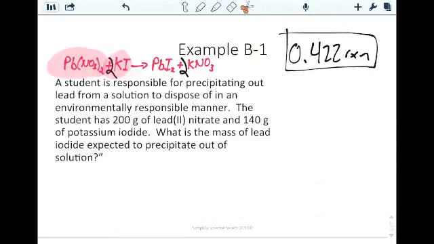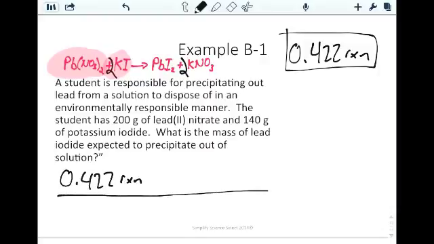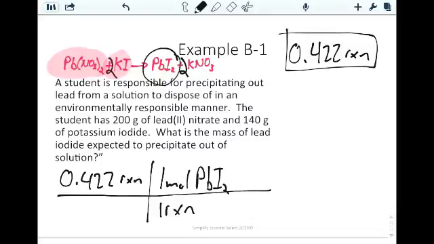Okay, so we're trying to start with that 0.422 in a reaction, and we're trying to figure out how much of our lead iodide is going to be produced. So in one reaction, we have 1 mole of lead(II) iodide.